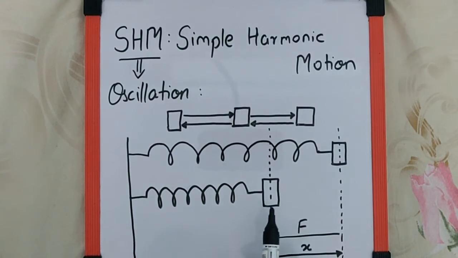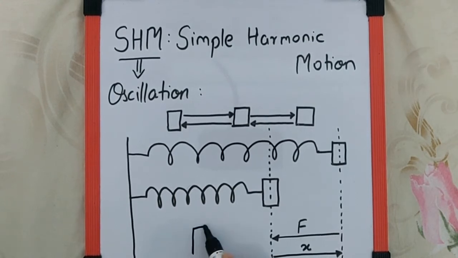Because of that, this body will remain in a state of motion by Newton's law, which says unless and until there is an external unbalanced force acting on it, the body remains in the state of rest or in the state of motion. So here the body is in the state of motion. Now because of that, the body moves and say reaches over here.